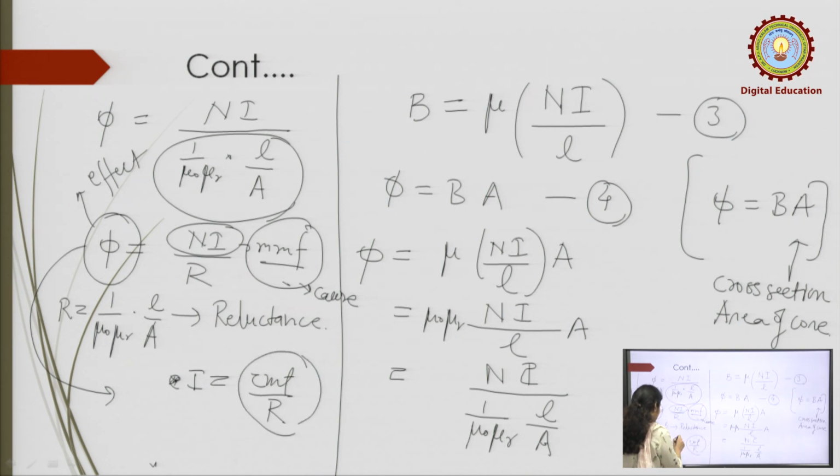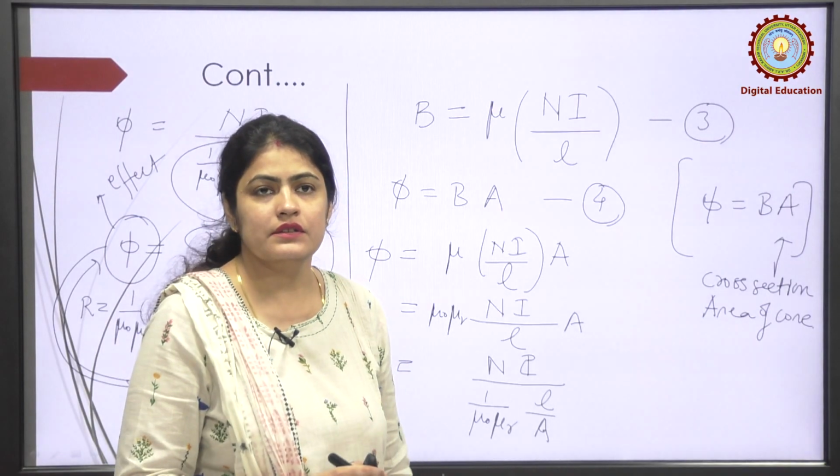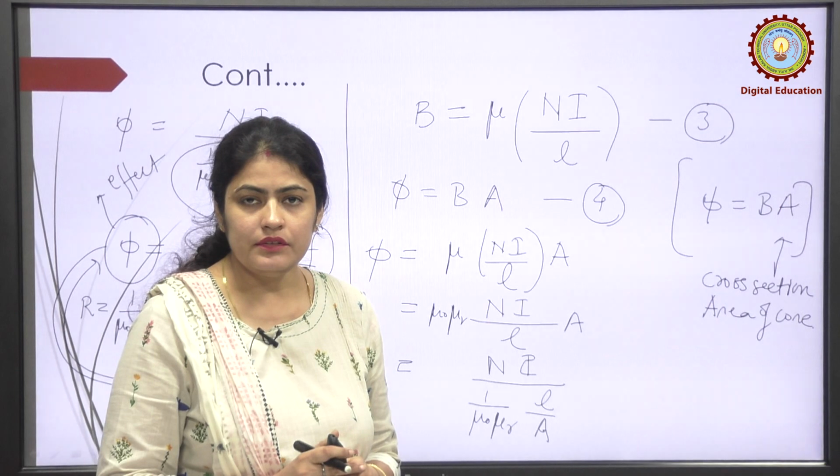That means the current in the electrical circuit is analogous to the flux of the magnetic circuit, the EMF is analogous to the MMF of the magnetic circuit, and the reluctance is analogous to the resistance of the magnetic circuit.